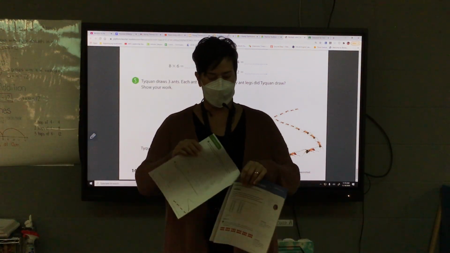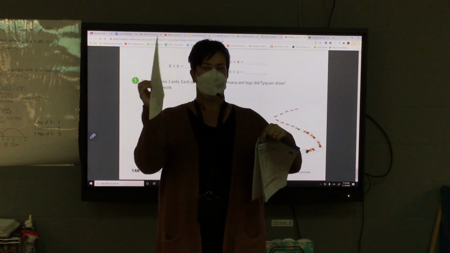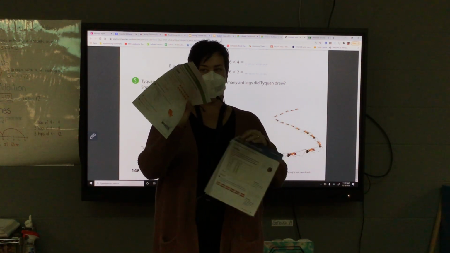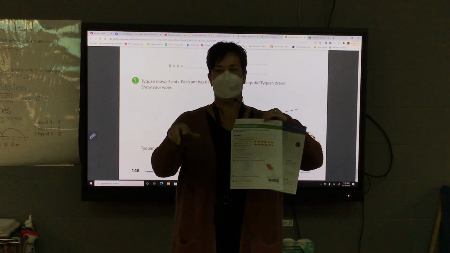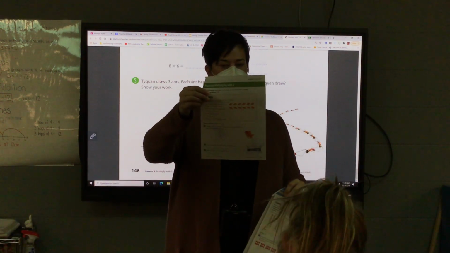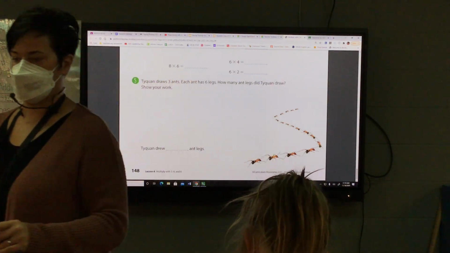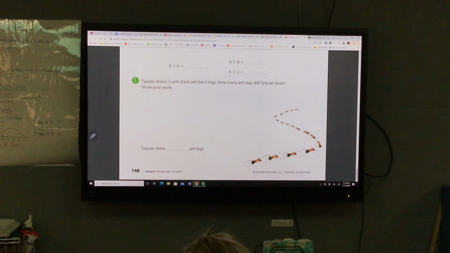Once you are finished with that, just carefully tear that off of your packet. If it tears the corner off, that's fine. And then put your name on the side with the goldfish, because I'm going to grade those.